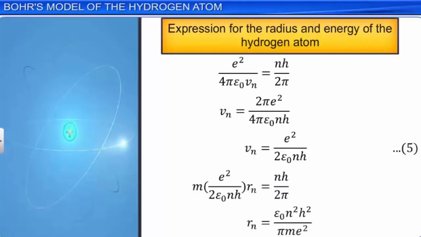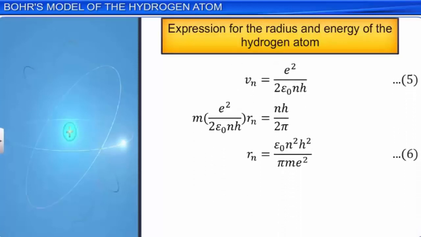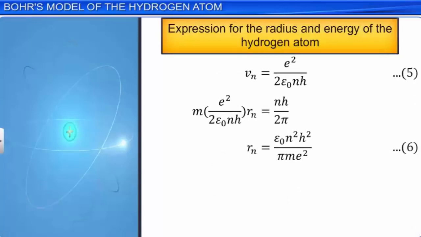By substituting n equal to 1 in the above equation, we get the radius of the innermost orbit, which is Bohr's orbit and is represented by a0. Given a0 = epsilon naught h square by pi m e square.